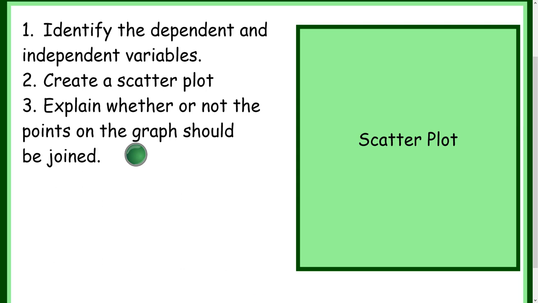Now let's identify our independent and dependent variables first. Remember that when we're identifying our independent and dependent variables, the independent go down here, and the dependent go along this axis. Now, what's going to go on the x-axis and what's going to go on the y-axis?